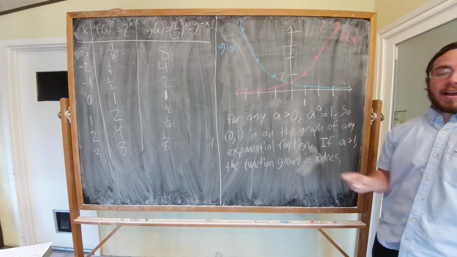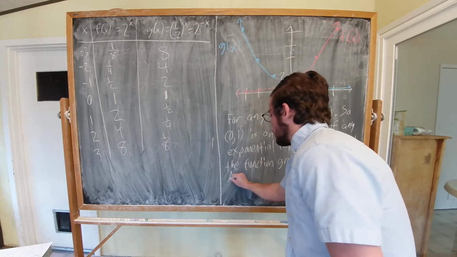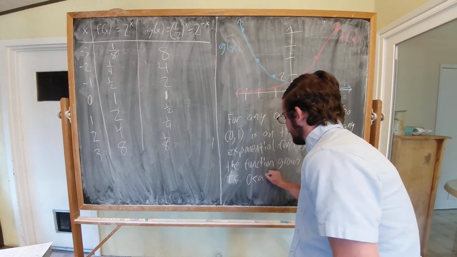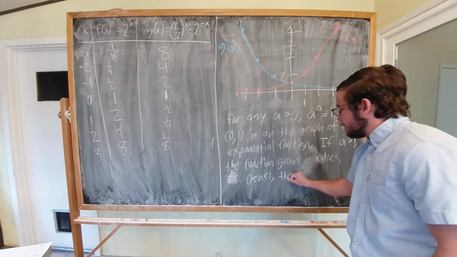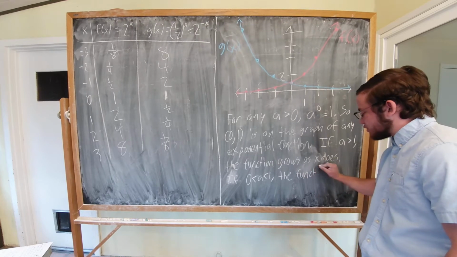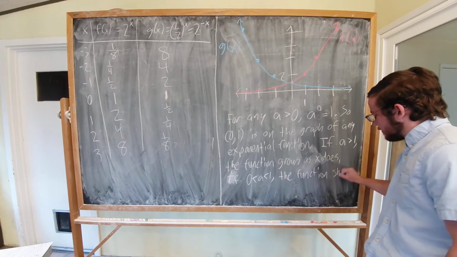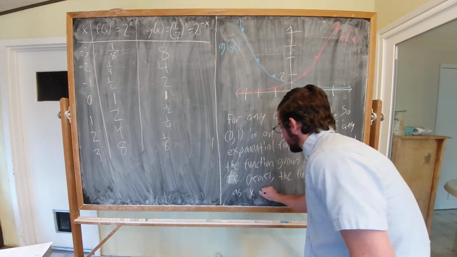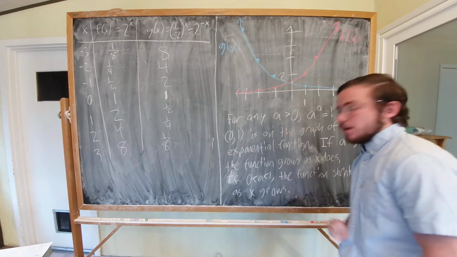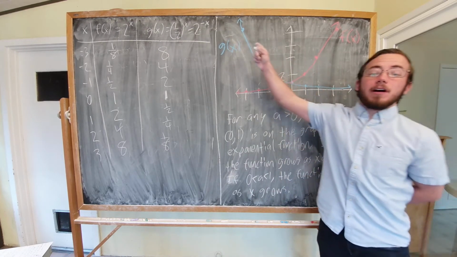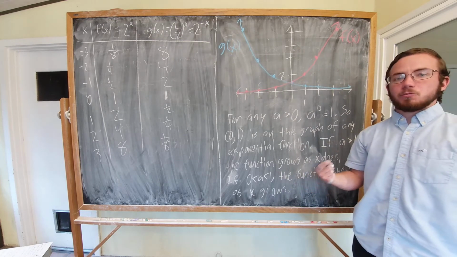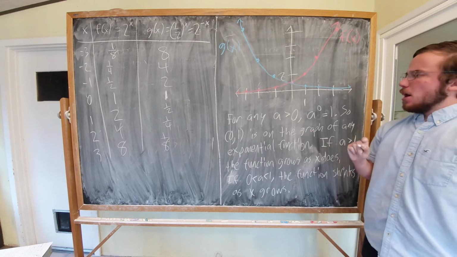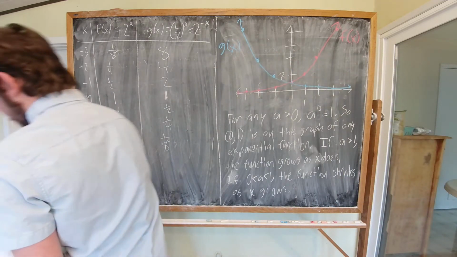If a is between 0 and 1, the function shrinks as x grows. And we again see that with the graph of g of x. And we've already talked about the case where a is equal to 1. That's just the constant function at 1. Alright, what are some other properties of exponential functions?